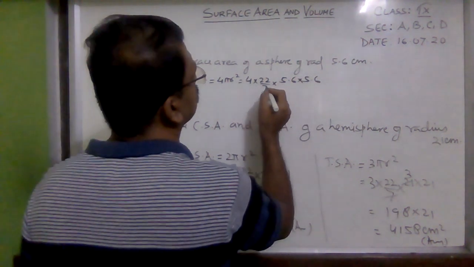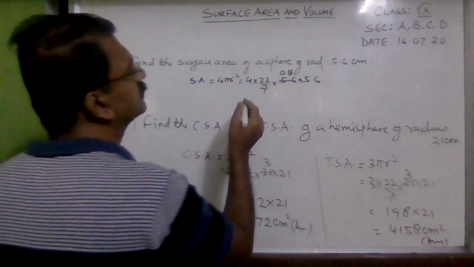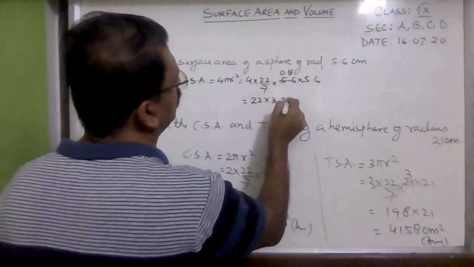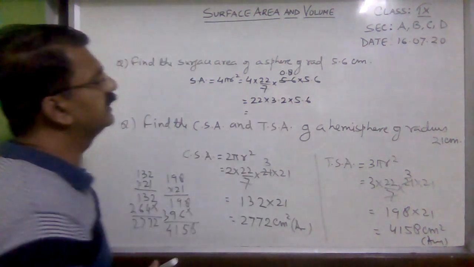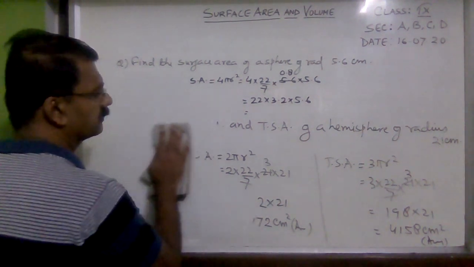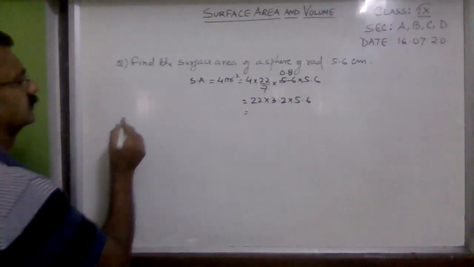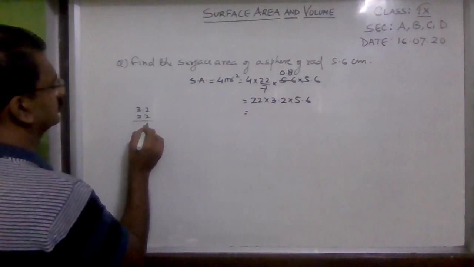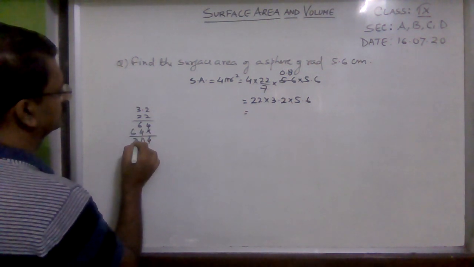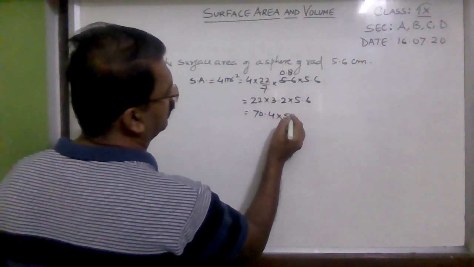Okay, now we can cancel it by 7. So 22 into 3.2 into 5.6. So when we multiply, 70.4 into 5.6.